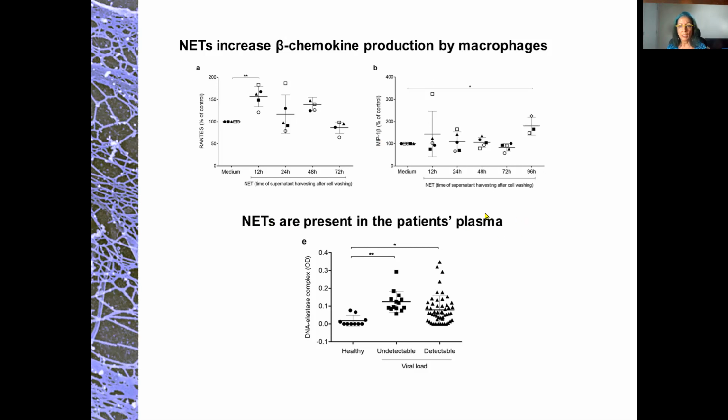Also, we looked at the presence of NETs in the plasma from HIV-infected persons. And as you can see here, we have increased NETs. And here we measure DNA associated with elastase. So we have an increase in the presence of these NETs in the plasma of the HIV-infected person.